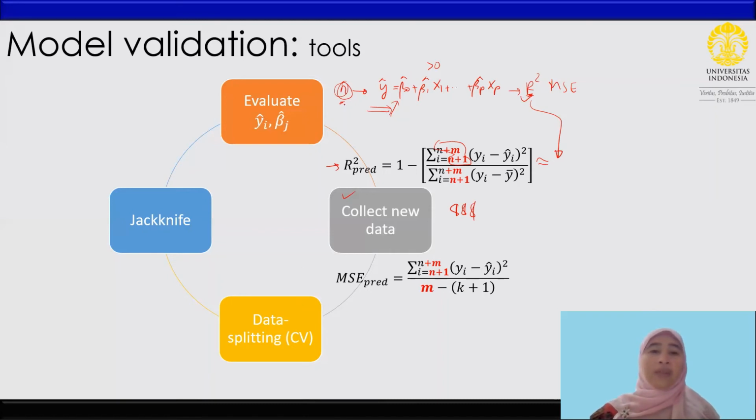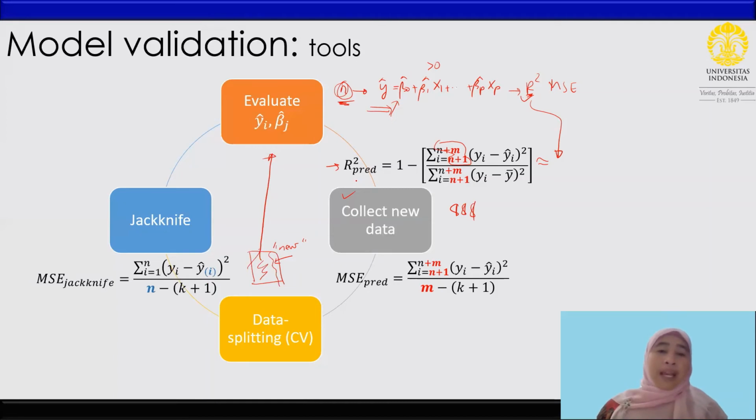From the n sample that we have, we split it: one part is used for the modeling that we did before, and a small portion is considered our new data, and then we can apply again the calculations from before, like R squared and mean squared error.